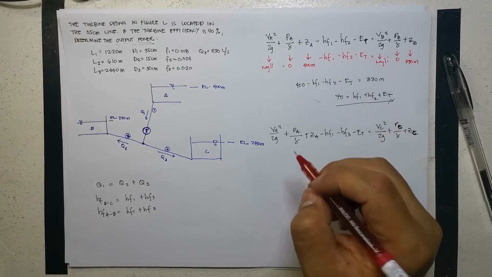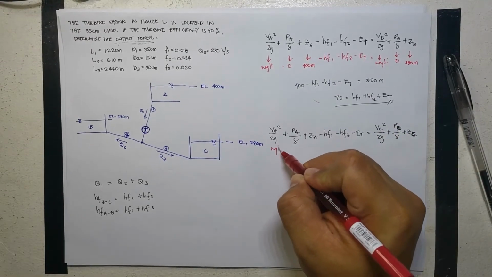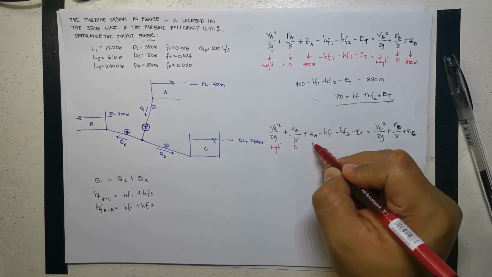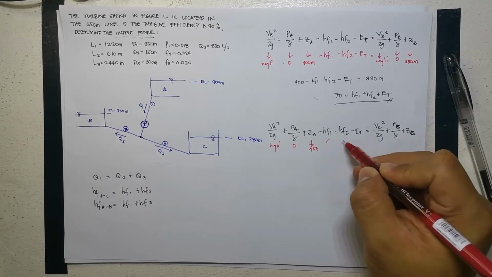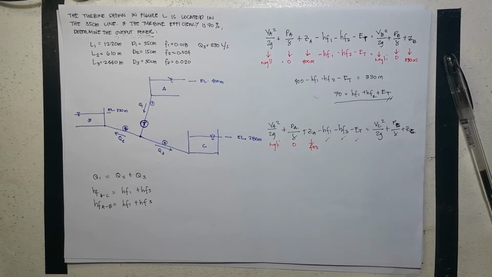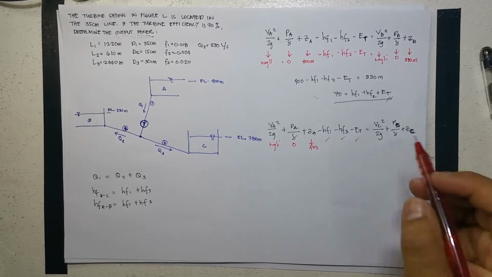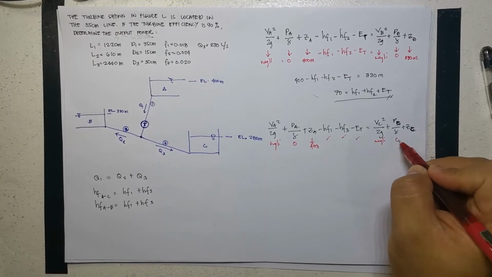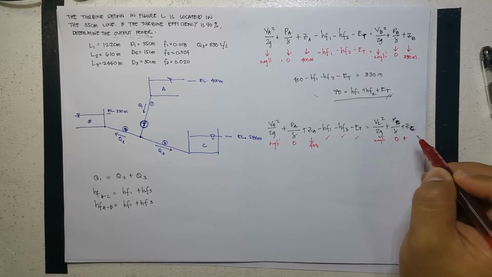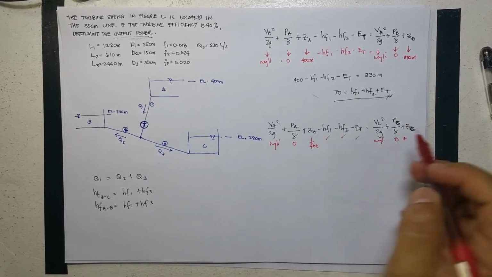Ganun ulit. Alam na natin to negligible yan. Ito 0. Ito 400. Ito may masosolve natin. Then si VC is negligible ulit. Si PC is 0. Then ZC is equal to 280 meters.